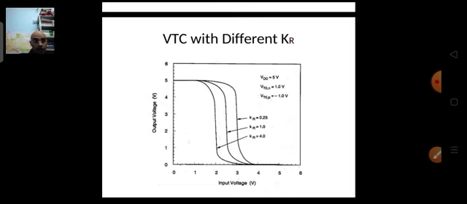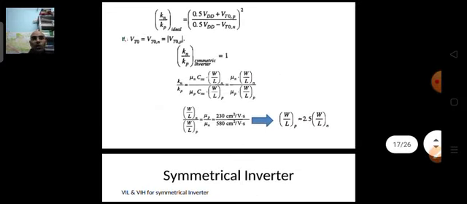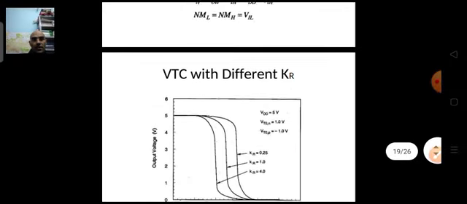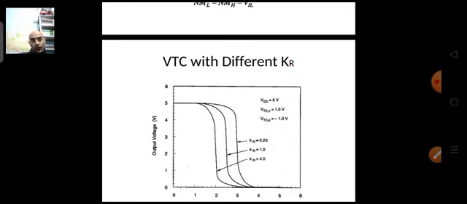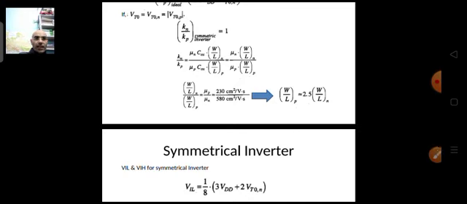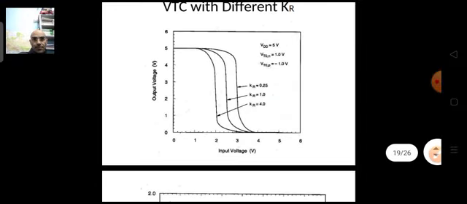For a symmetrical inverter, the W/L of PMOS was 2.5 times the W/L of NMOS, governed by this particular equation. So for this, Kr is equal to 1. If you make that ratio, rather than 2.5, 4 times, that is, if Kr is equal to 4, then your VTC shifts towards the left side.